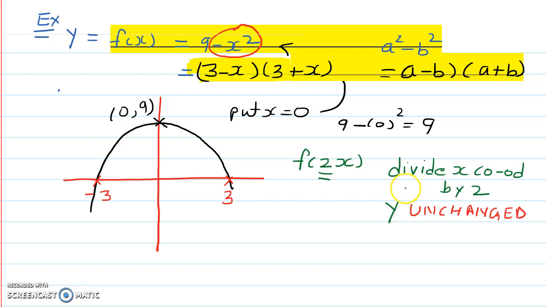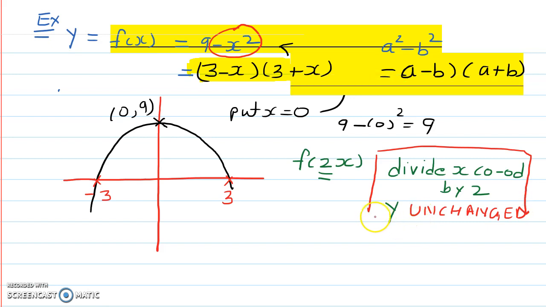So y unchanged and divide x coordinate by 2. This is the rule when 2 is inside the bracket.